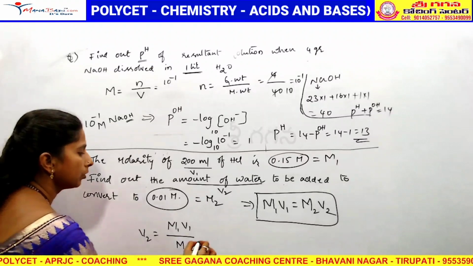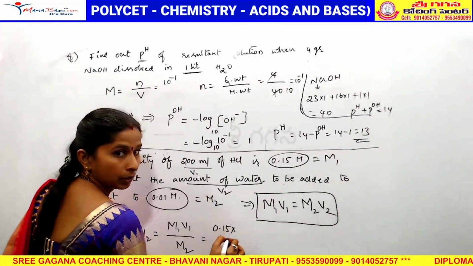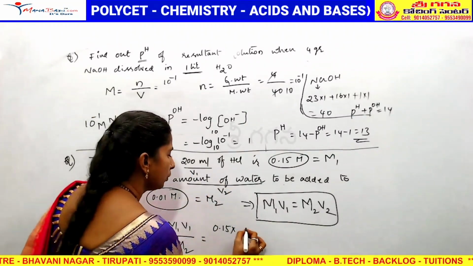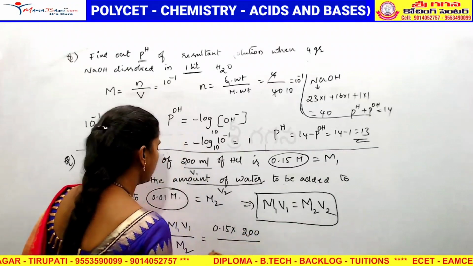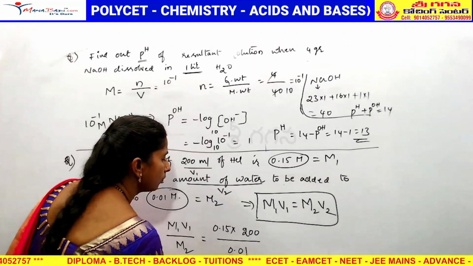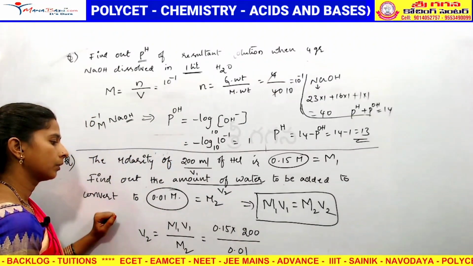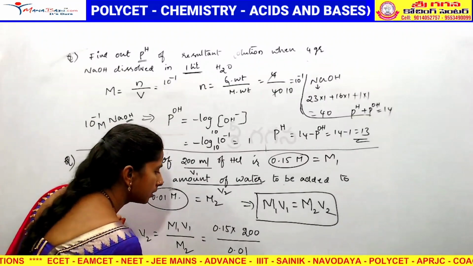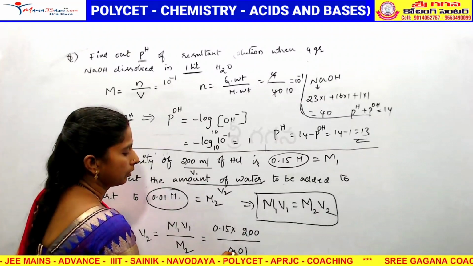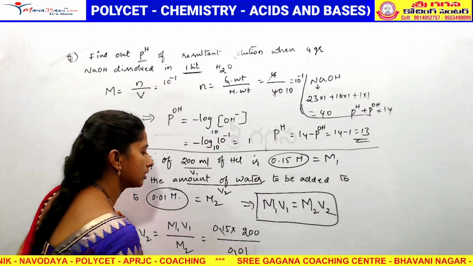What is the M1 value? M1 is equal to 0.15 into V1, which is 200, divided by M2, which is 0.01. In this 0.01, there are 2 digits after the point, so we can cancel them.